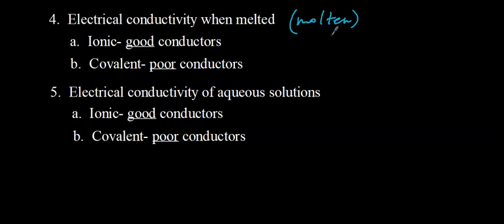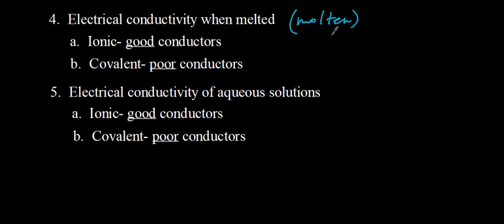Again, in order for something to conduct electricity, you need mobile charged particles that are able to move around. The particles in a liquid can slide past one another, so those ions, the mobile ions in a molten ionic compound, allow for electricity to be conducted. Molecular compounds, when melted, are poor conductors of electricity. They are not made of ions, so they are not going to conduct electricity.